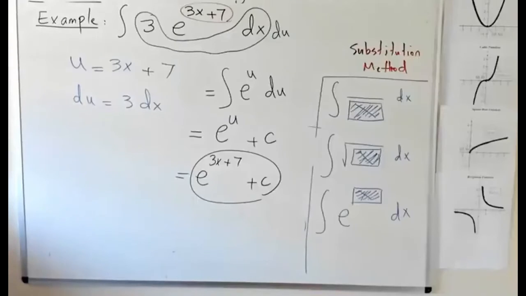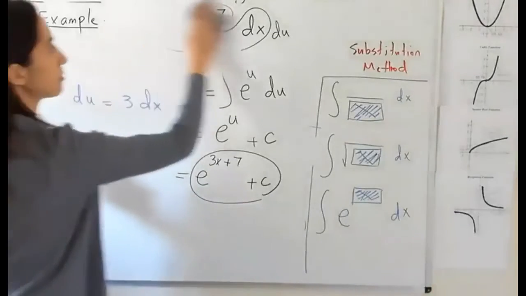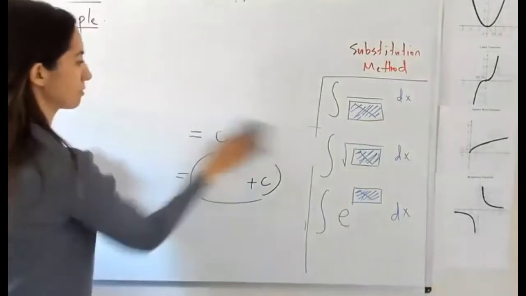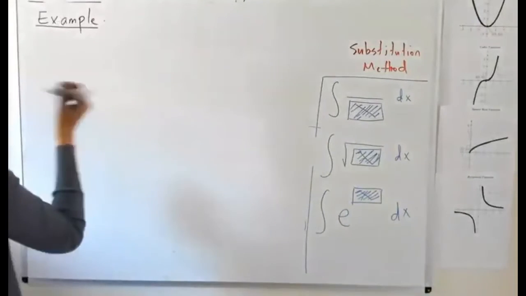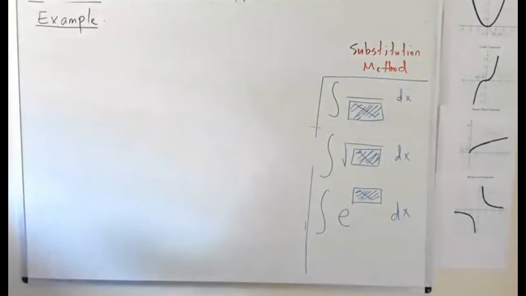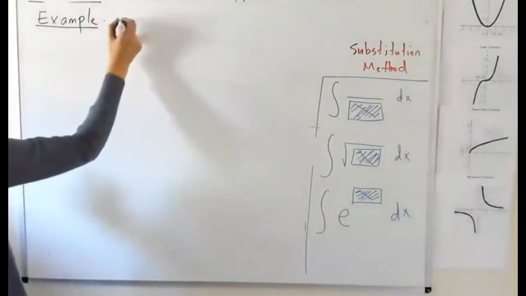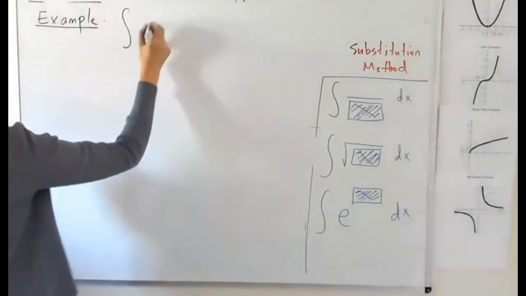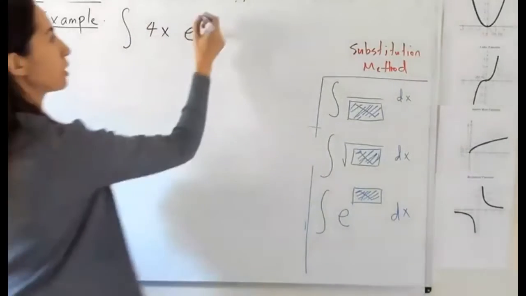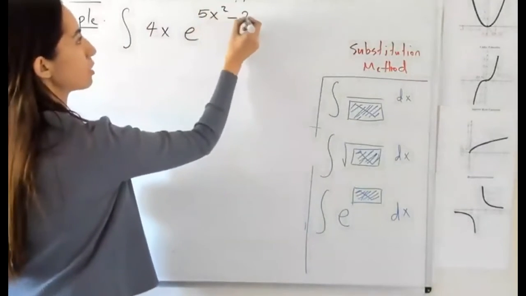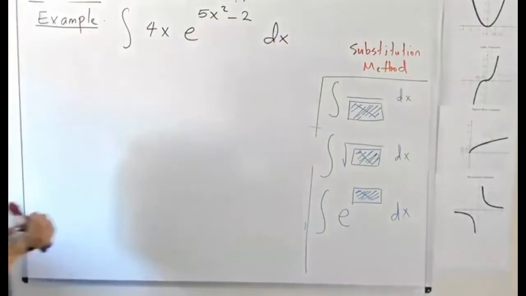Another example for you. We have the integral of 4x e raised to 5x squared minus 2 dx.